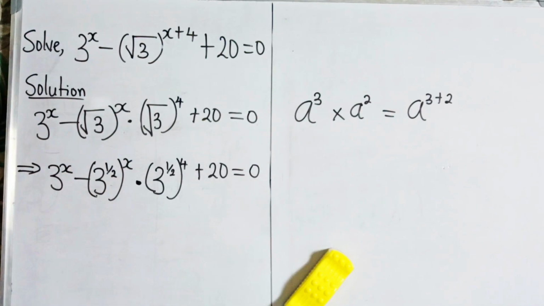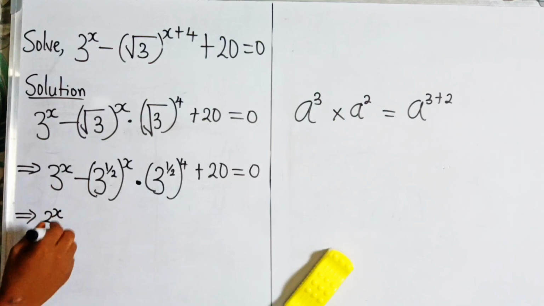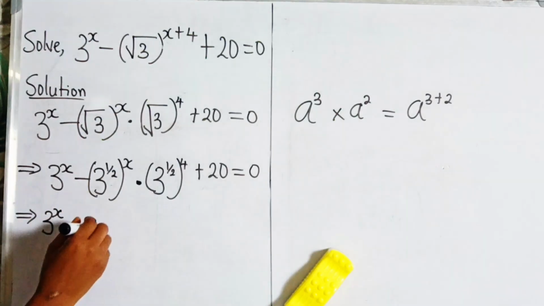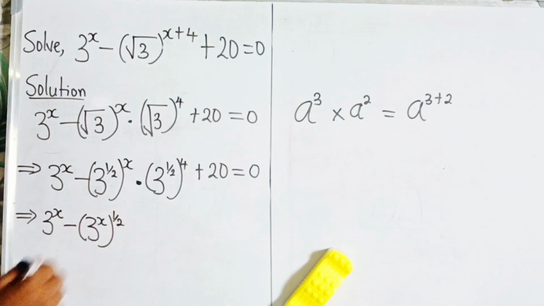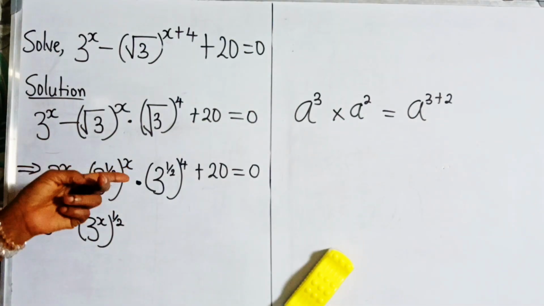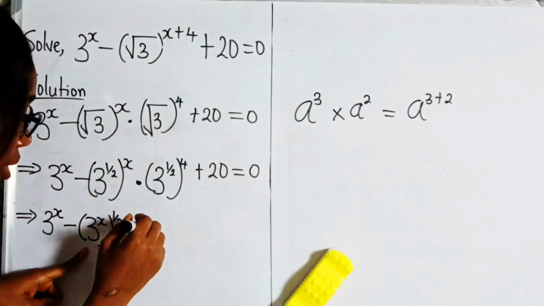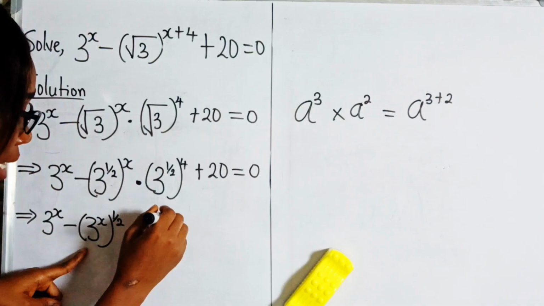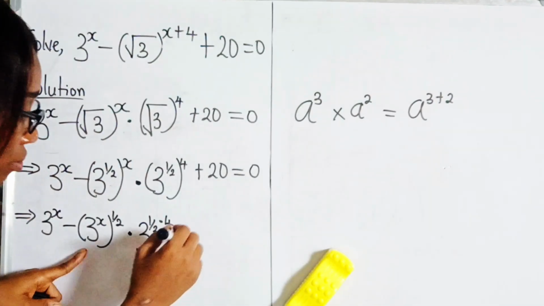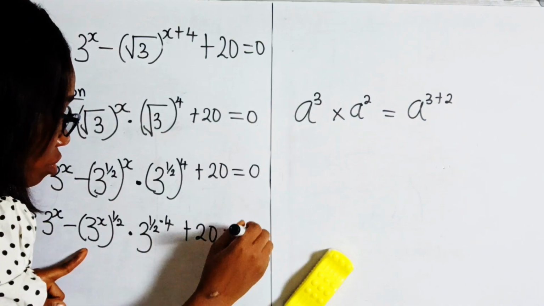So here we have 3^x minus (3^x)^(1/2), and this is multiplied by 3^(1/2 times 4), plus 20, and this is equal to 0. So I have switched the exponent.